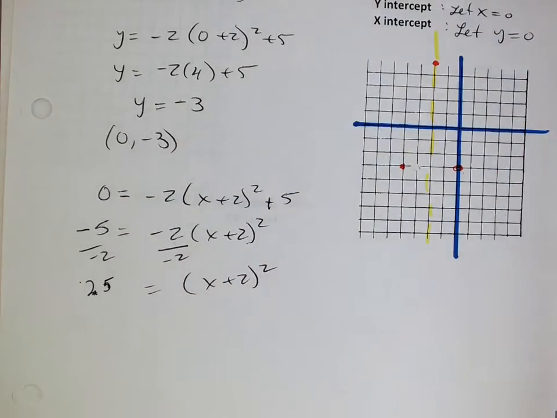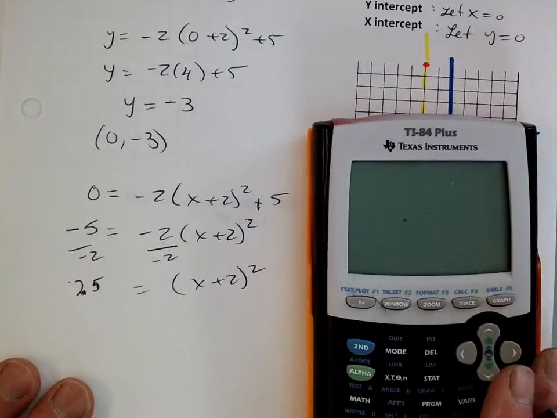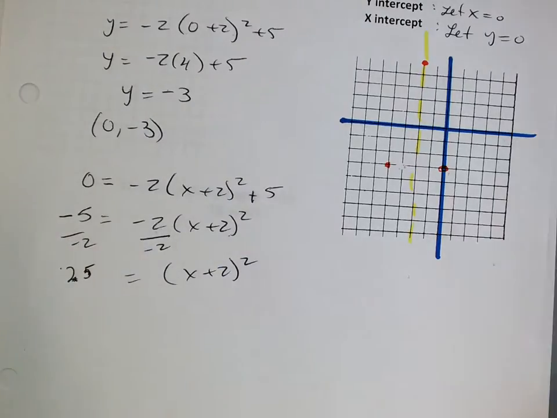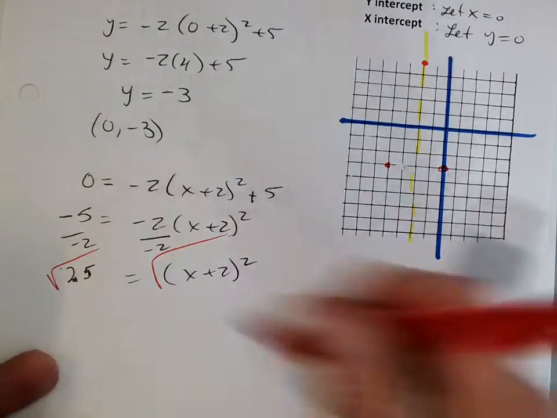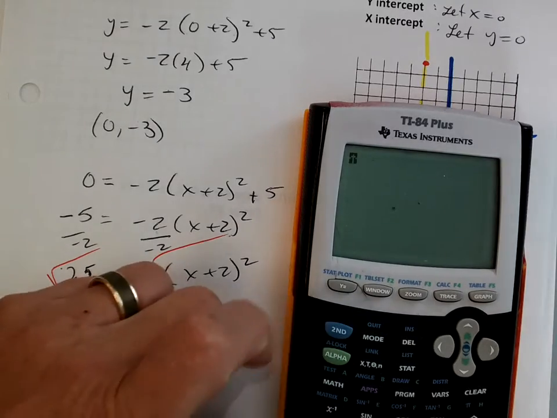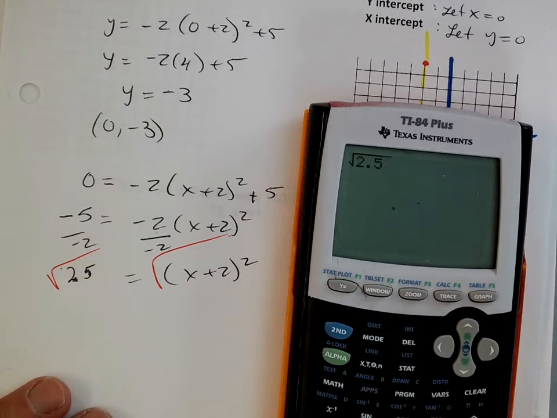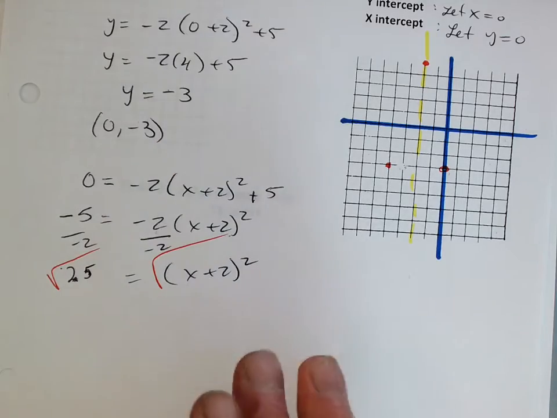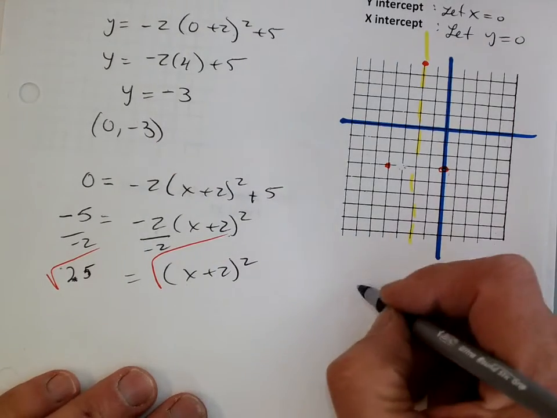Now I'm going to use a calculator. I'm going to actually round to the nearest tenth because I need to graph it. Does that make sense? So this time, I'm going to get a decimal answer. Square root, square root. I'm going to get the square root of 2.5. About a 1.58 or 1.6. So we're going to round to the nearest tenth.